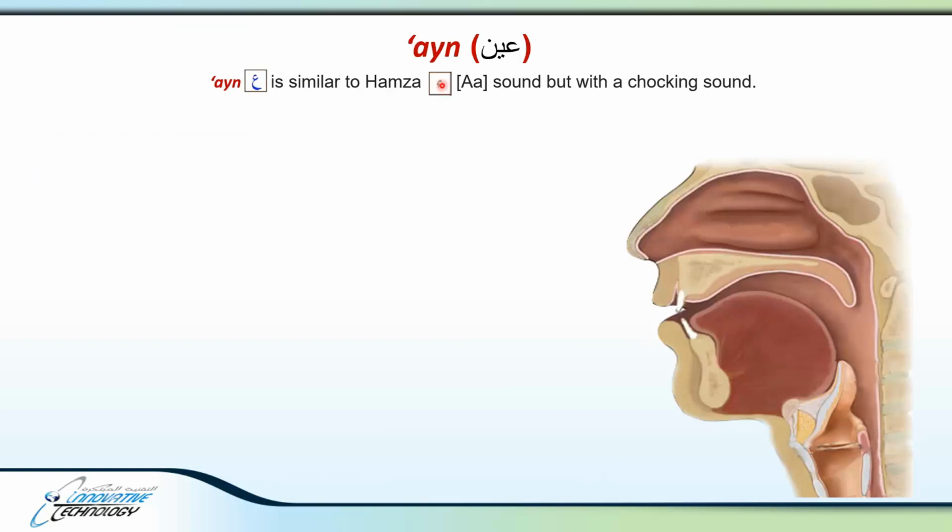If we want to learn how to pronounce ayn, then start with the hamza. Ayn is similar to the hamza sound, but with a choking sound added to it. It articulates from the deep throat.